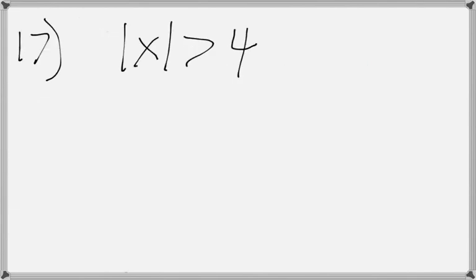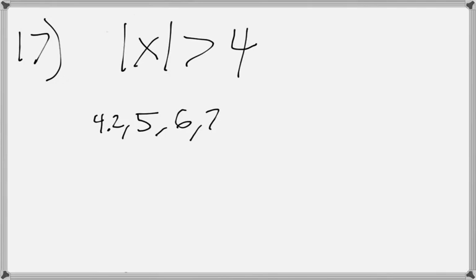Let's look at the absolute value of x is greater than 4. So kind of in a similar way. These are numbers that are bigger than 4. So like 5 would work, 6 would work, 7 would work. What about 4.2?